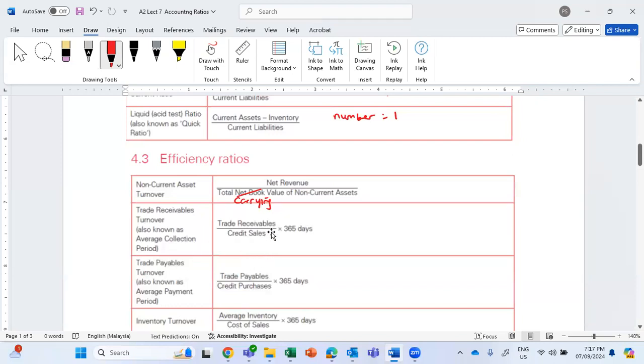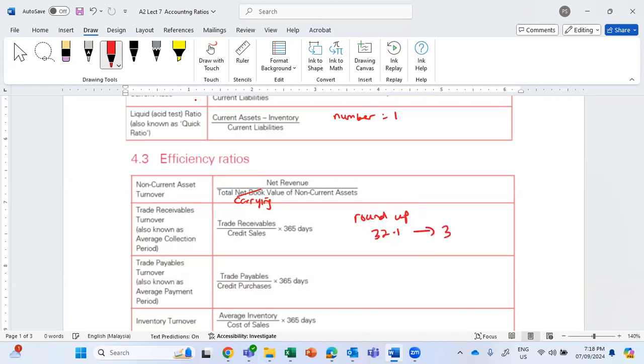So likewise, here, trade receivable days, you must always round up. For example, if you get an answer of, say, 32.1 days, now, mathematically, this is rounded down to 32, but as long as it has crossed a certain integer value, as long as you have decimal, you always round up to the next integer.